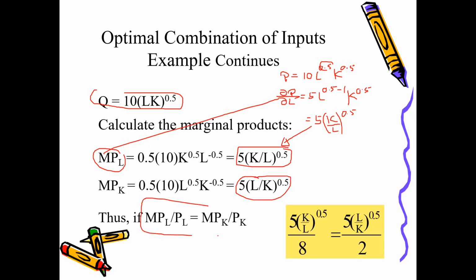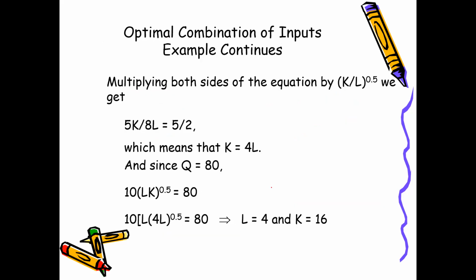So this is the condition, MRTS equals the price ratio. With that adjustment, you get K equals 4L.